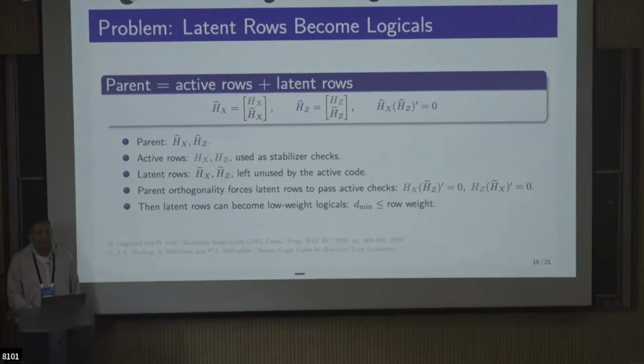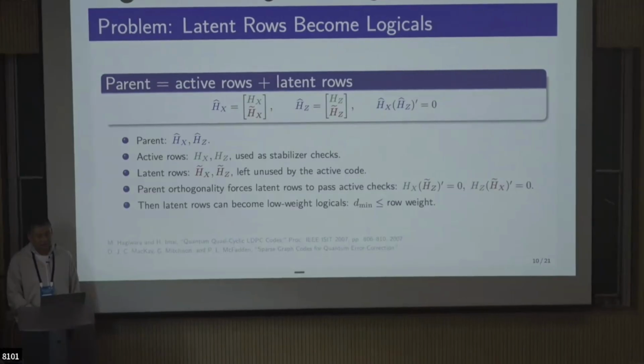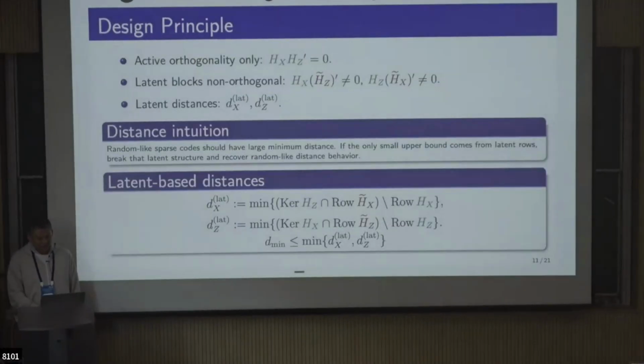How is this latent distance close to the actual distance? The latent distance measures the risk of the latent upper bound.